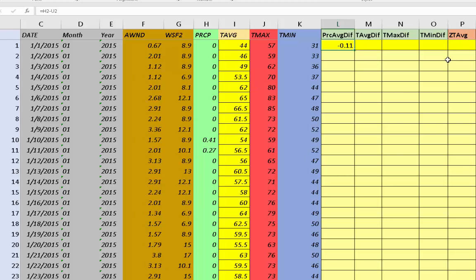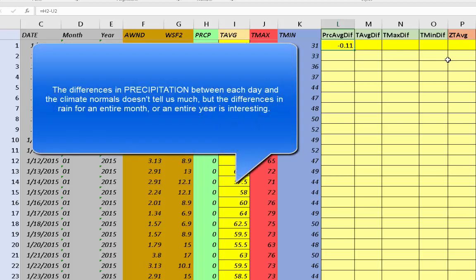This value isn't all that interesting by itself, but over the course of an entire year or even an entire month, once you sum the differences between what is normal and what is observed, then those individual days begin to make more sense.